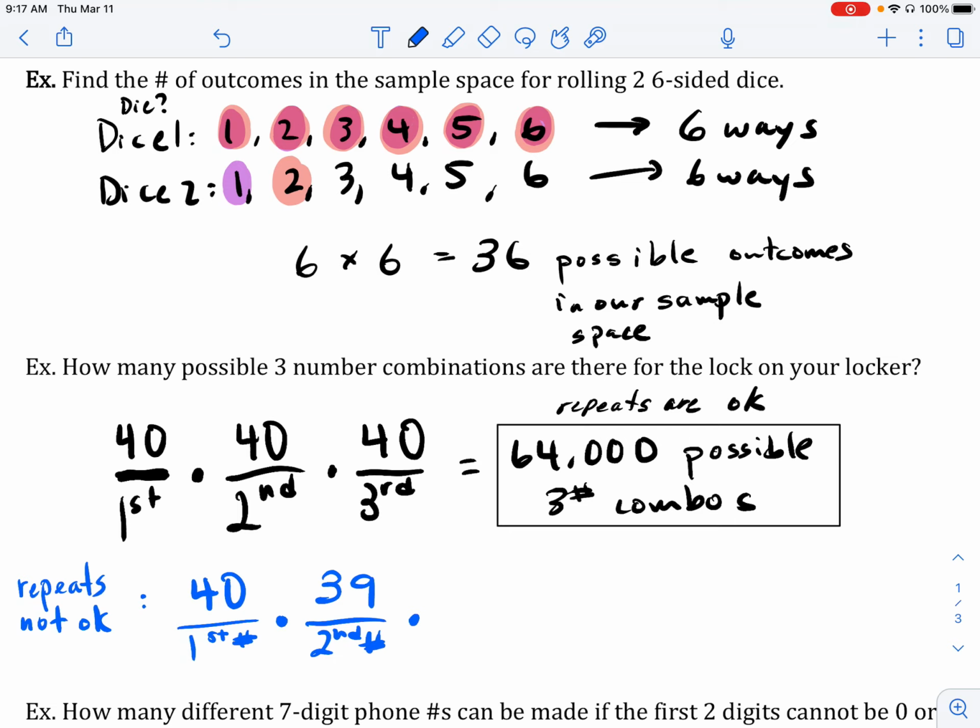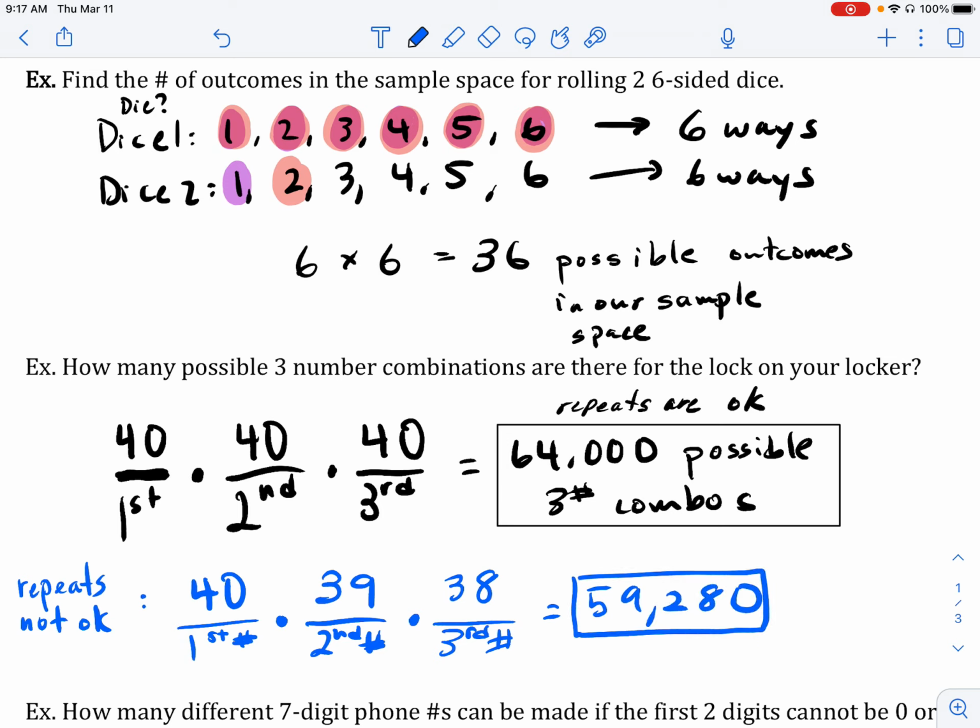And once that unique number is used, then that means now in the third number spot, you're going to have only 38 possibilities. So if we calculate those, we should have 59,280. Okay, so that's how many we have there.